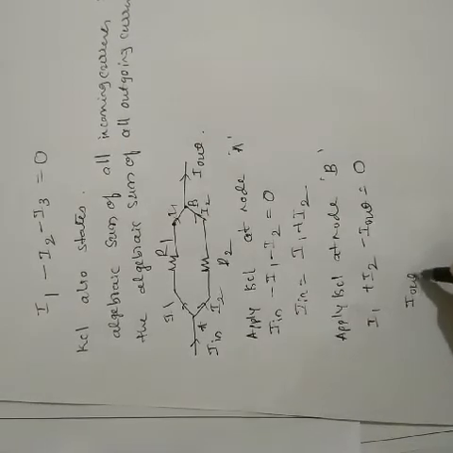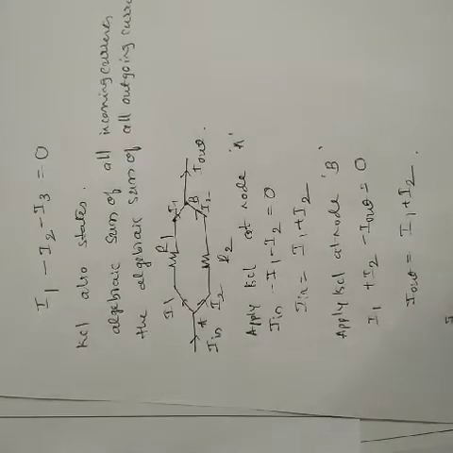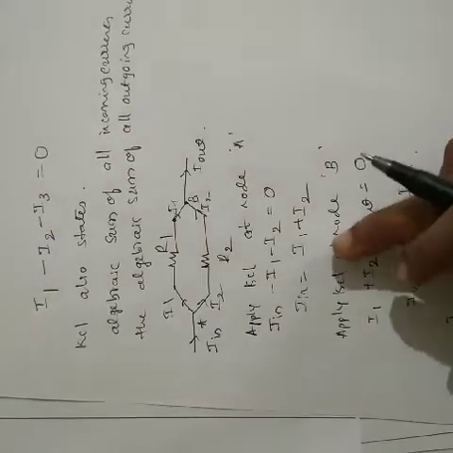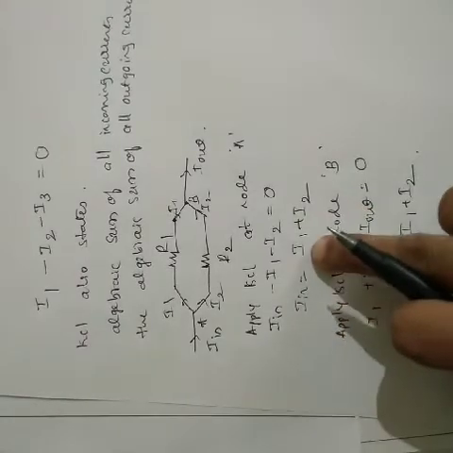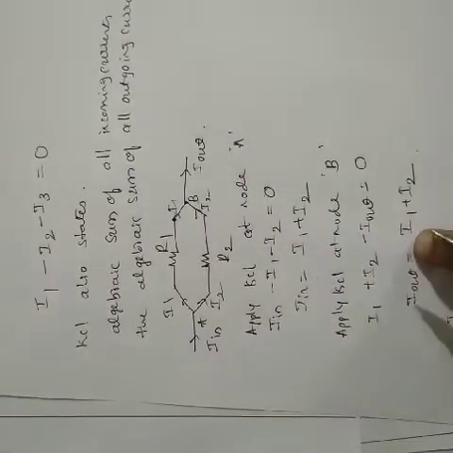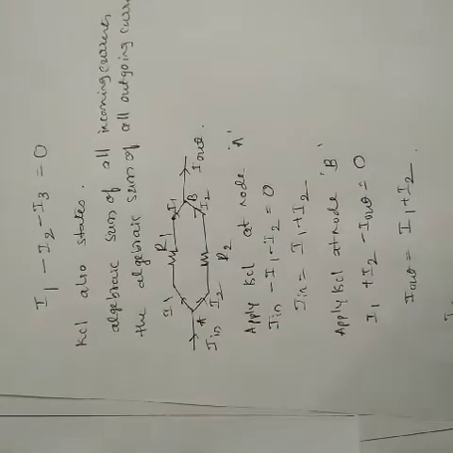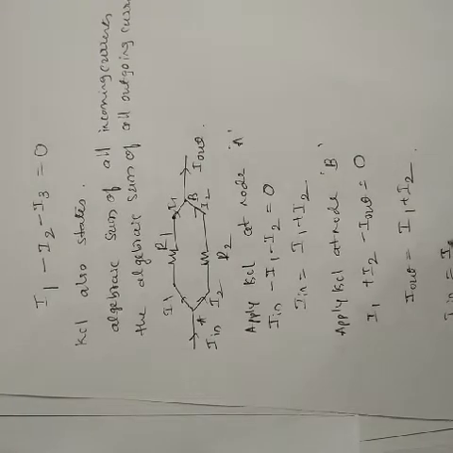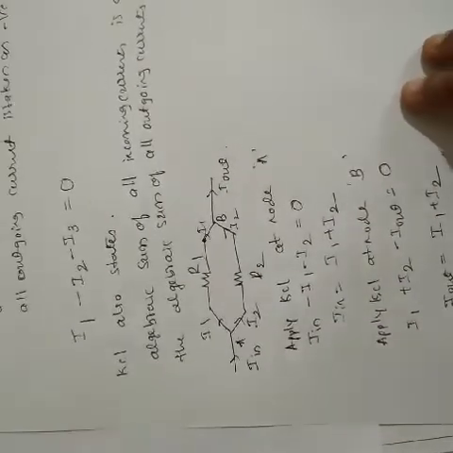Therefore, I out is equal to I1 plus I2. So applying KCL at node A, I incoming becomes I1 plus I2, and at node B, I out is equal to I1 plus I2. Therefore, I incoming current is equal to I outgoing.